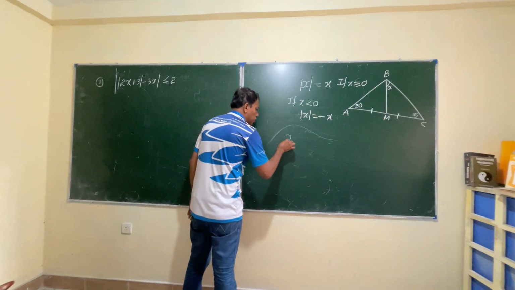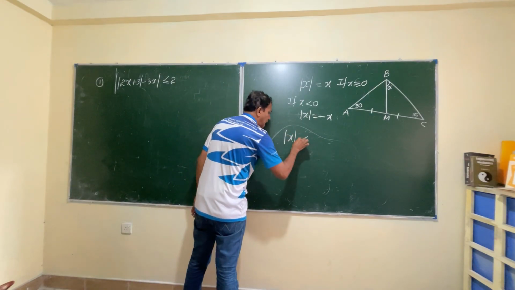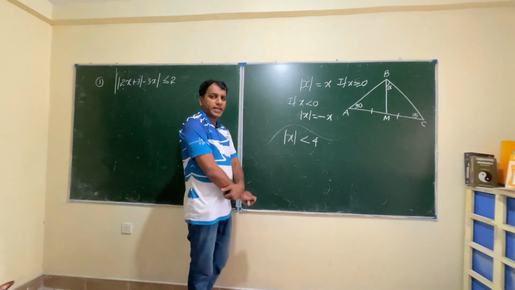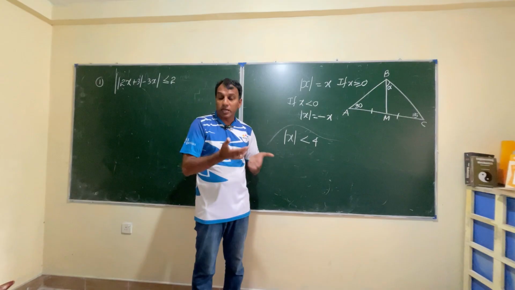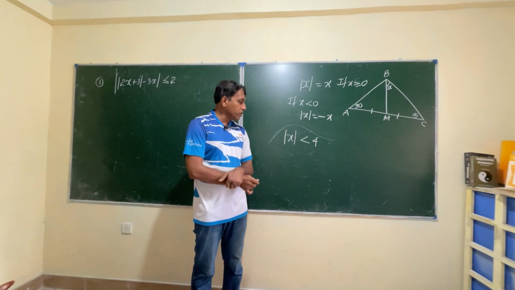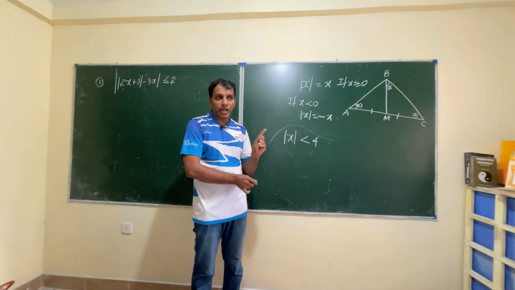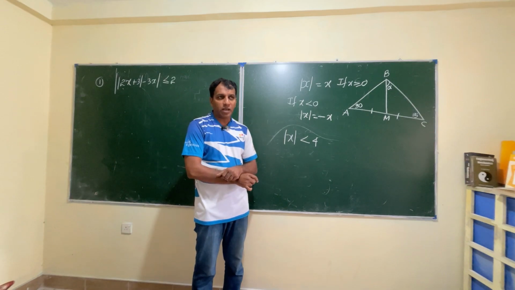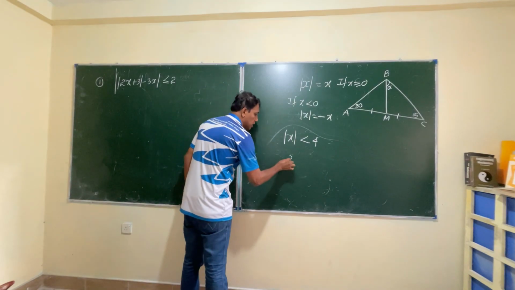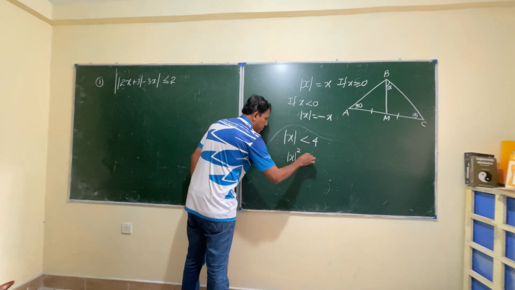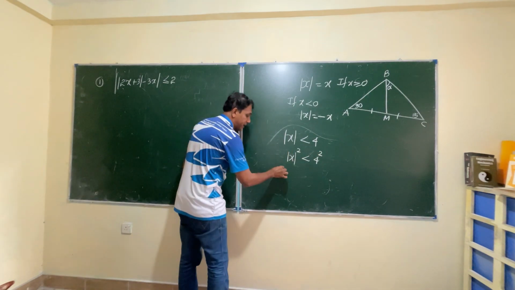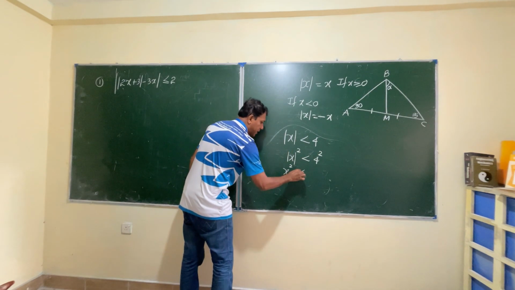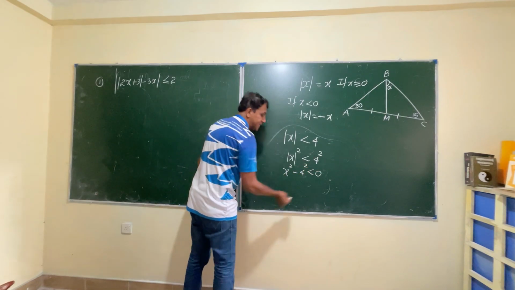Another one I show here, for example, mod x less than 4. I can rearrange this inequality. First I remove the modulus sign by squaring both sides. The modulus squared is absolutely positive, so it becomes x squared. Bring the 4 squared over, so x squared minus 16 is less than 0.